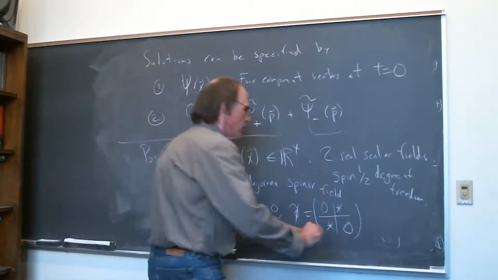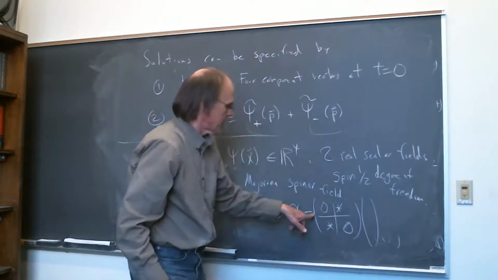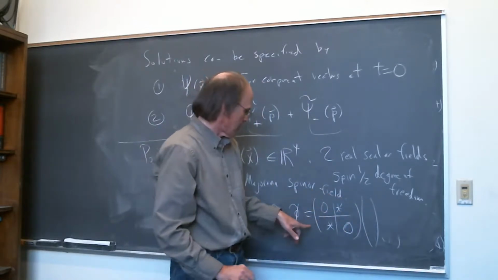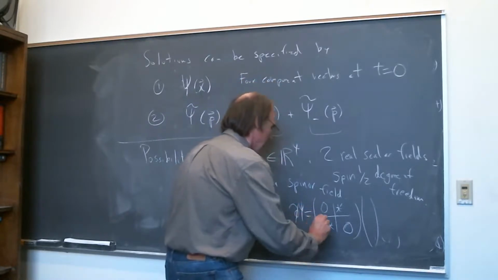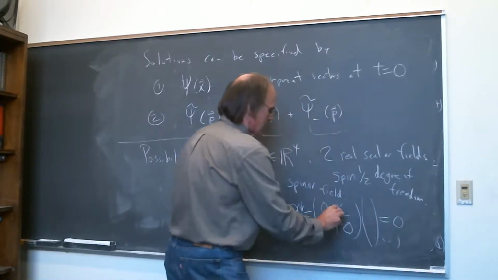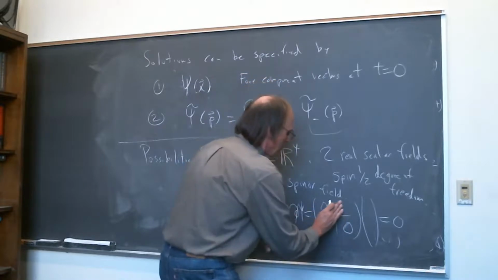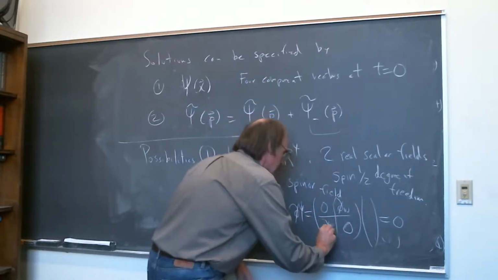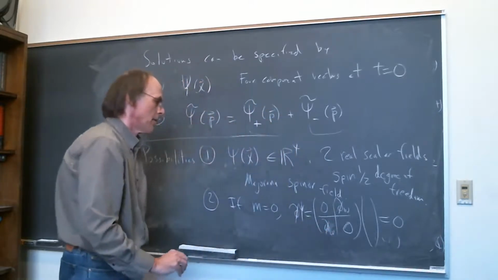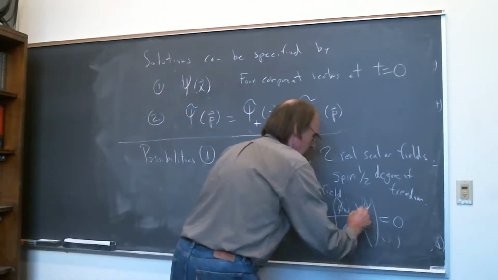Then you can separate this out, and saying that this equals 0 corresponds to just this operator. I'll call this d slash, with psi left or psi right, I forget how it goes.